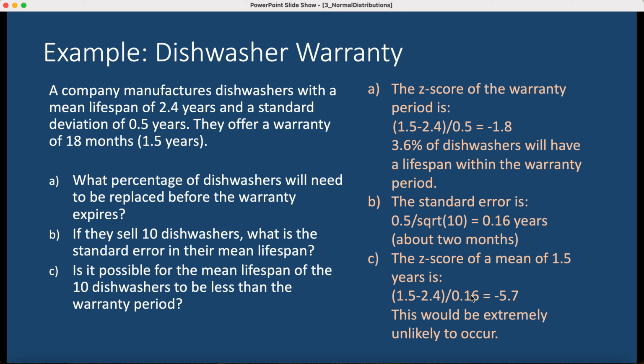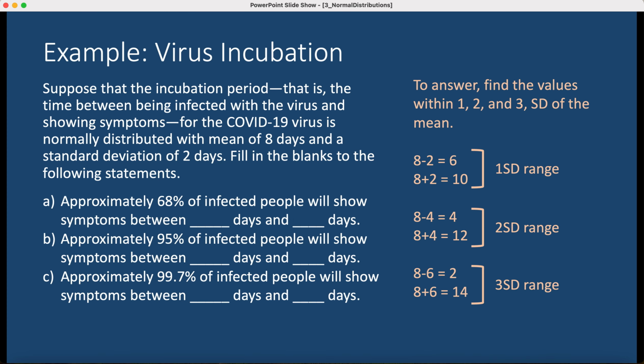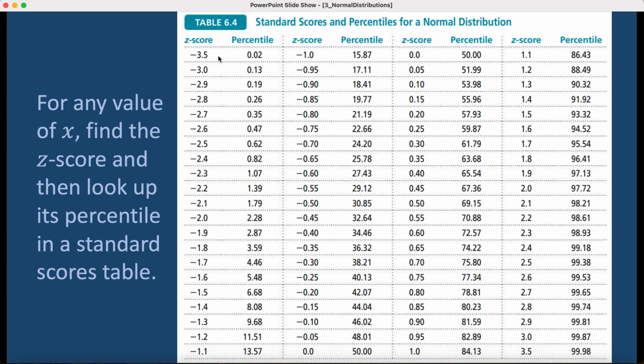And because a sample of 10 is going to have a smaller variation than a sample of 1, this z-score is going to be much larger. And so we get a z-score of minus 5.7, which as far as z-scores go is very large. It's not even on our table. Our table, if we go back to it, only goes up to negative 3.5.